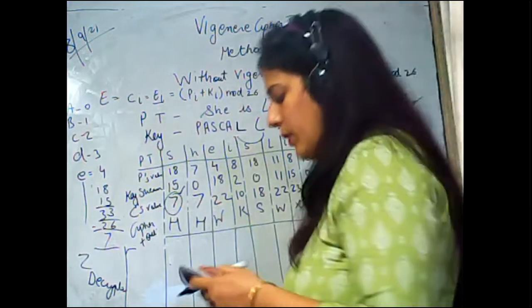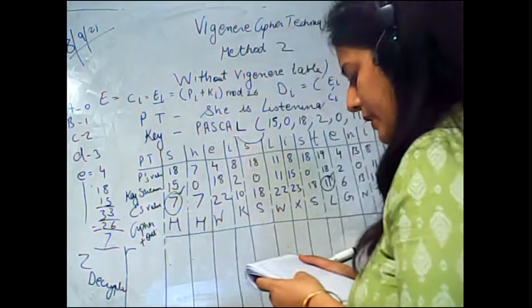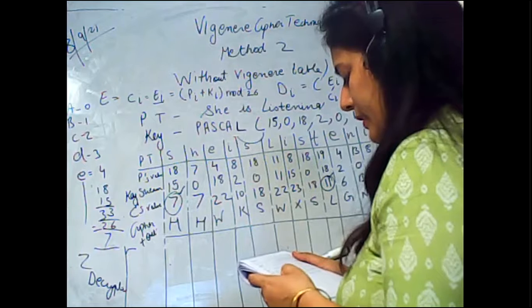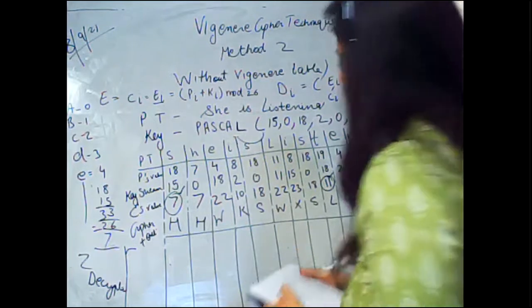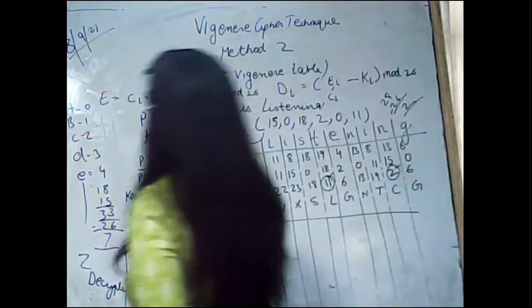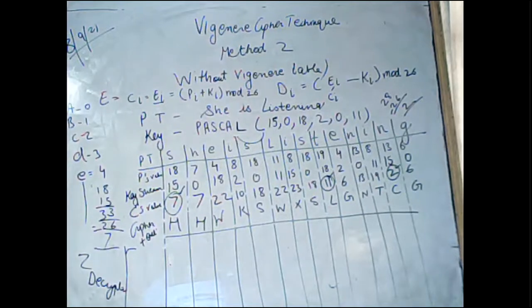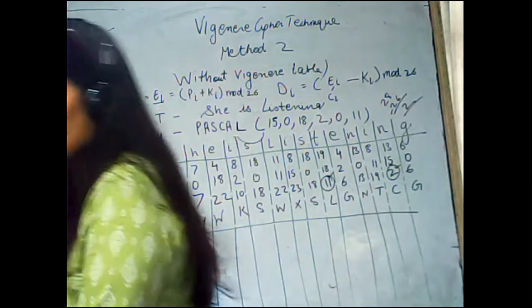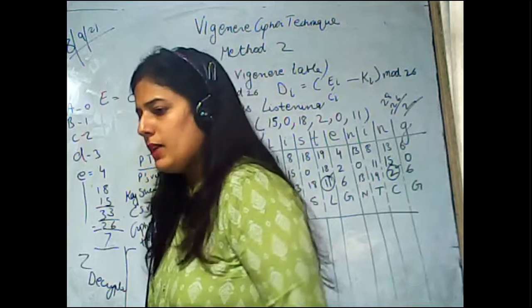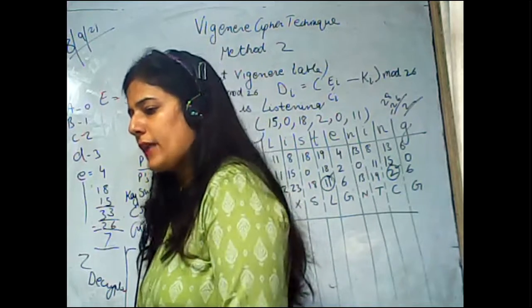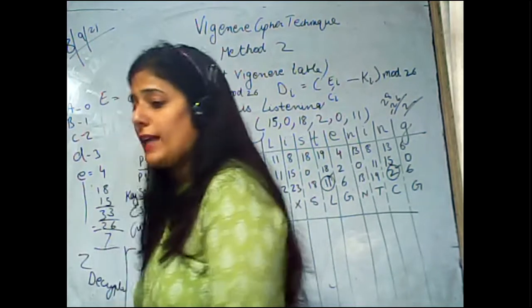So this was all about the ciphertext part, and here you can see how we can get all those values. So this is for the encryption part. For the decryption part, we can again apply the key value to the text, and whatever result we get, if our result is greater than 25, we will subtract 26.